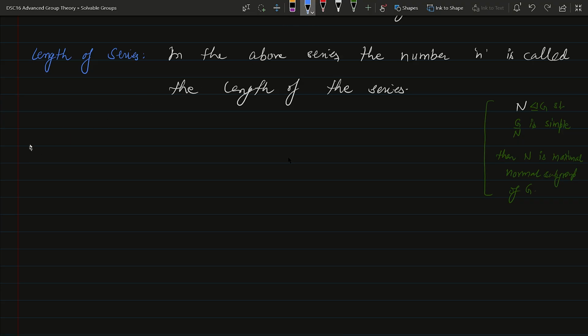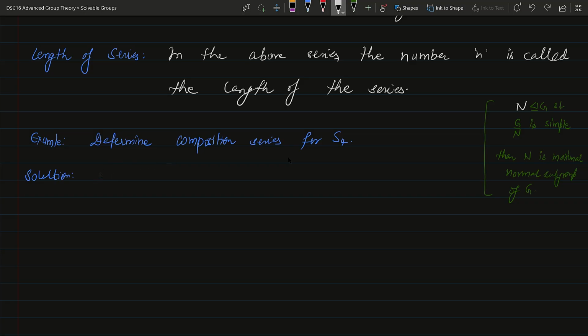Now let me write an example. Example says: determine a composition series for S4. Solution. We have already discussed this in the case of soluble groups.